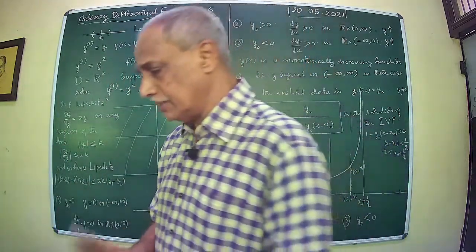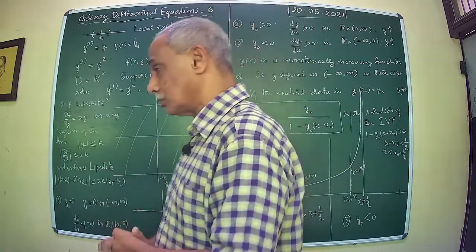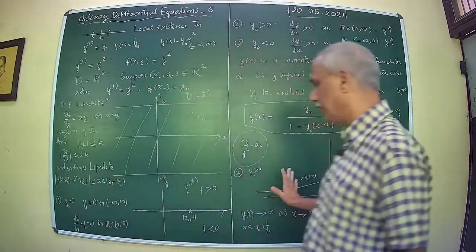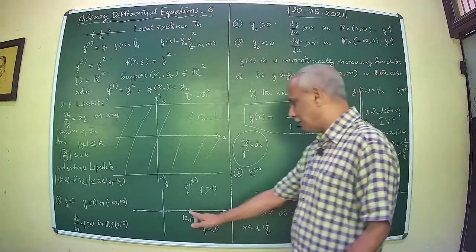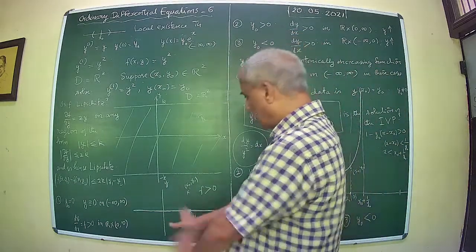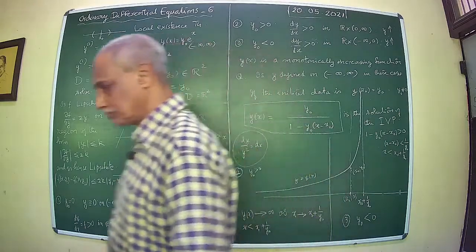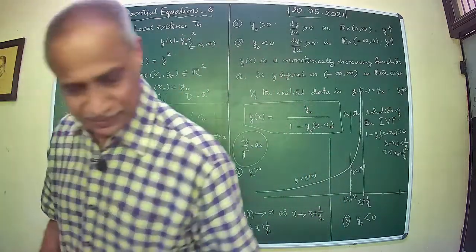So we will take up this interval on which the solution is defined as the next step. Right now what we have said is that there is some neighborhood, however small it may be, on which the solution is defined. I want to make one more remark.